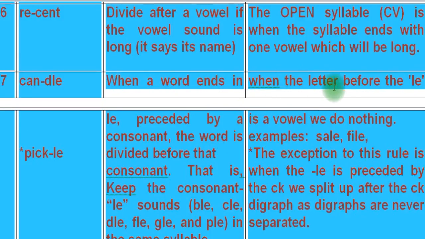But when the letter before the LE is a vowel, we do nothing. Examples, sale and fuel. The exception to this rule is when the LE is preceded by CK. We split after the CK digraph, as digraphs are never separated.